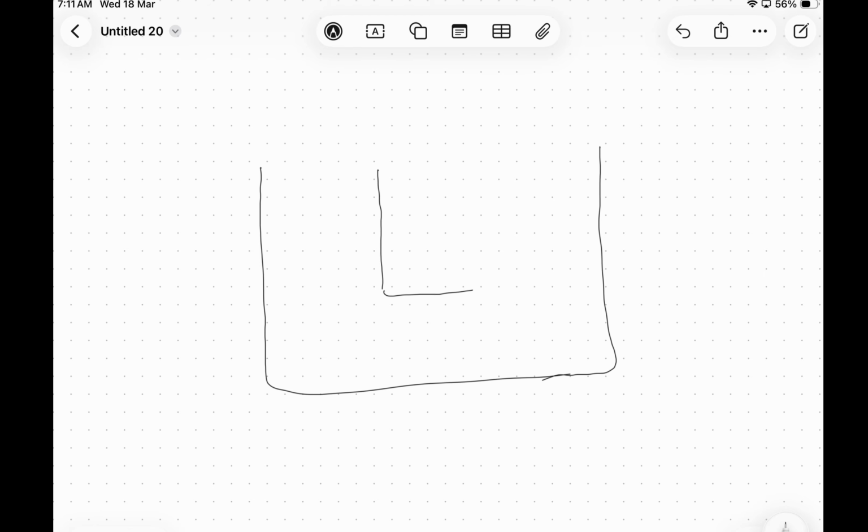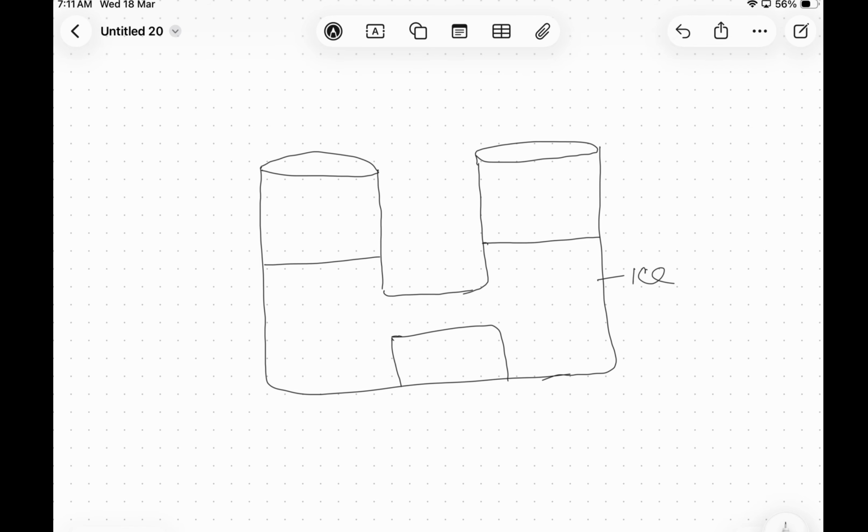Let me explain it with a figure. Suppose H2O is taken in two different phases, in two different chambers. In chamber 1, there is water, liquid H2O, and in chamber 2, ice, solid H2O.